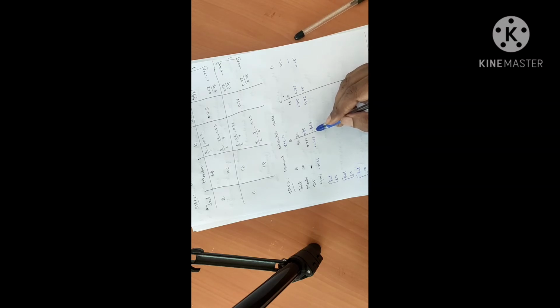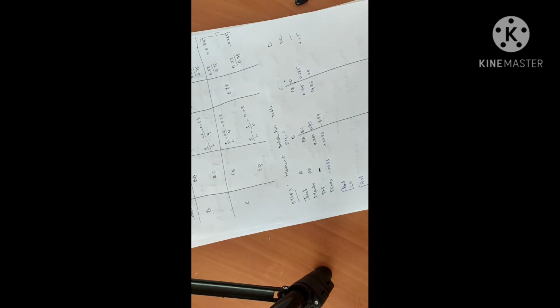That is the unbalanced moment. You should distribute that unbalanced moment to BA and BC. For that reason the method is known as distribution. Whatever unbalanced moment is there is distributed.